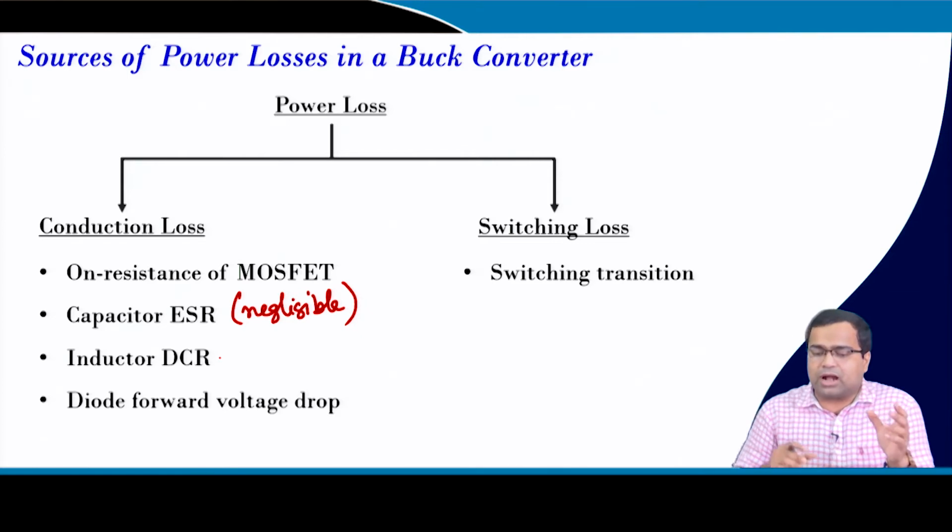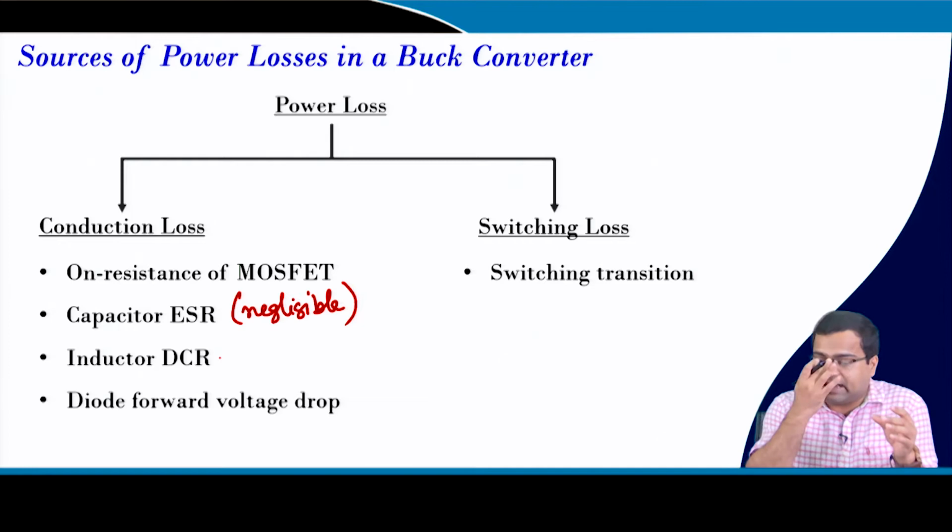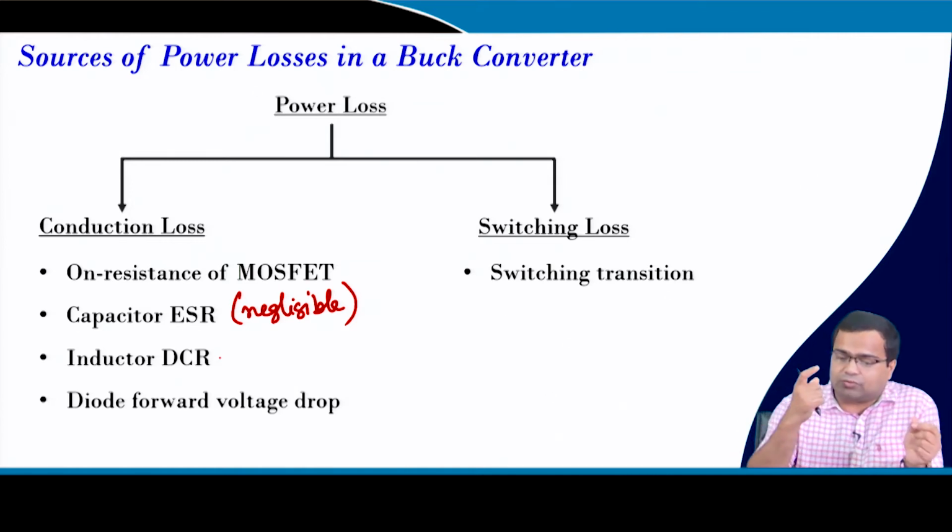Under the switching loss, we will have a switching transition loss, because real switches do not turn on and off immediately. When the switch is on, the current was flowing through the switch from drain to source and the voltage across the drain to source was almost 0.